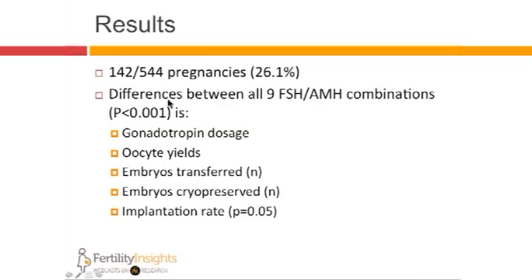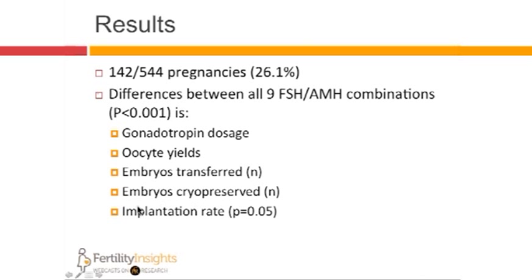And those differences were quite significant. Those 9 groups differed to a very significant degree in the dosage of gonadotropin that they required, in egg numbers, and the number of embryos that were transferred, which is obviously reflective of how many embryos one gets in this kind of population, and also the number of embryos cryopreserved, which again is a reflection of how many embryos one had, and to a statistically much more marginal degree with implantation rate.